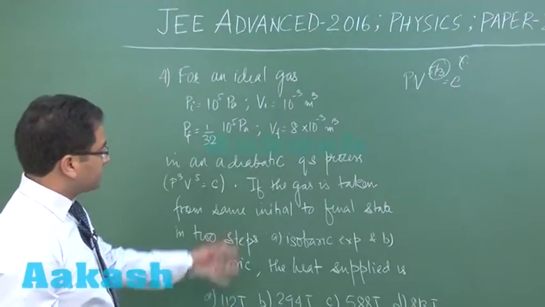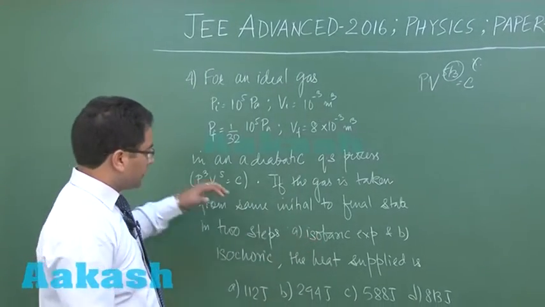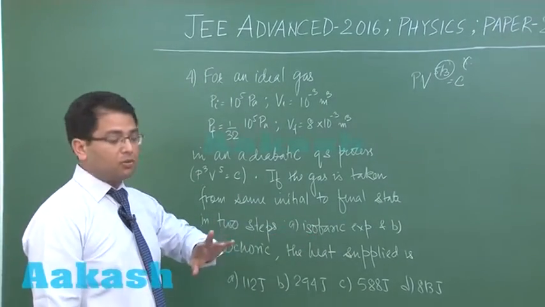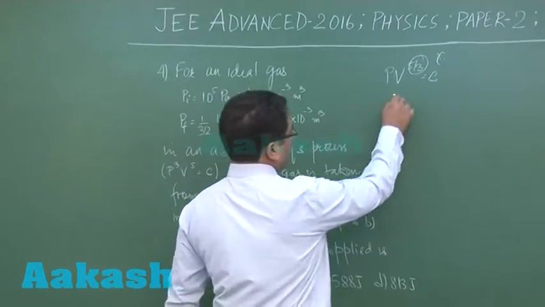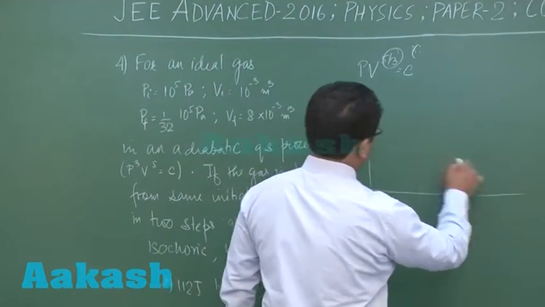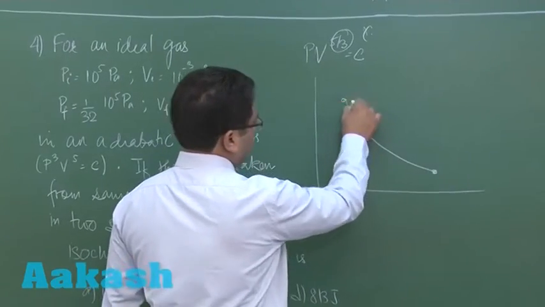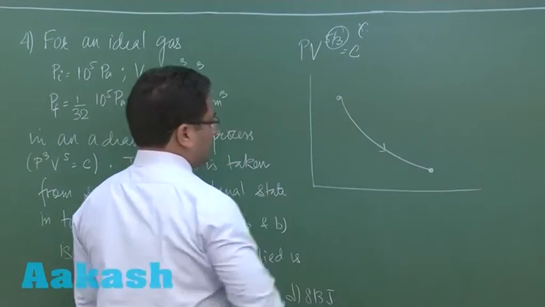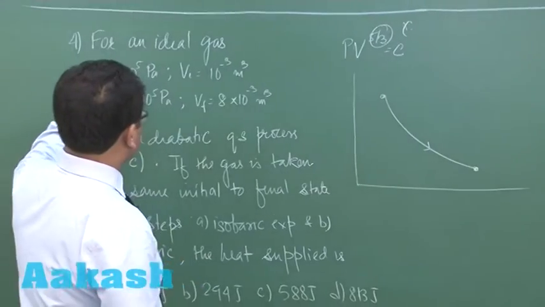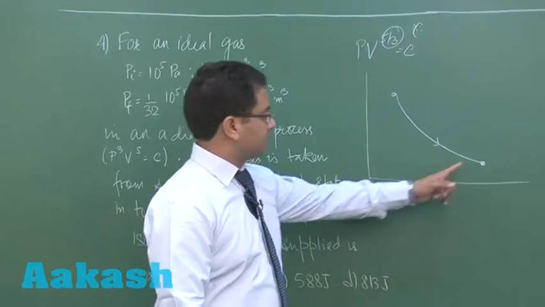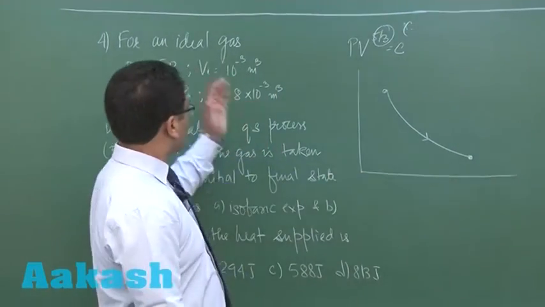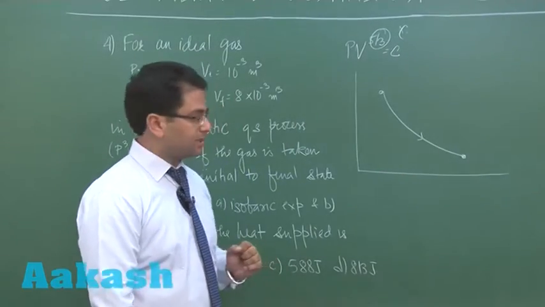Now it says if the same gas is taken from initial to final, but now in 2 steps. So it's something like this. Originally it was taken through an adiabatic curve from here to here. And of course, look, the initial pressure is this, final pressure is 32 times reduced, the volume is increased 8 times.